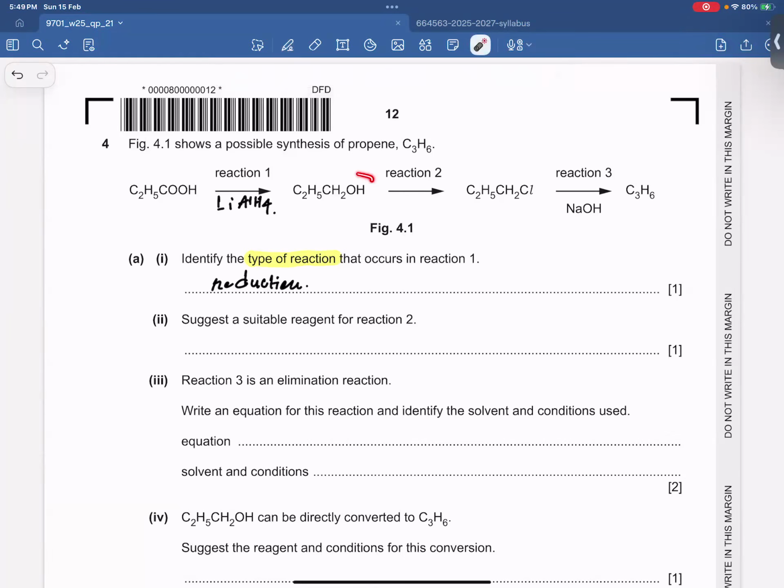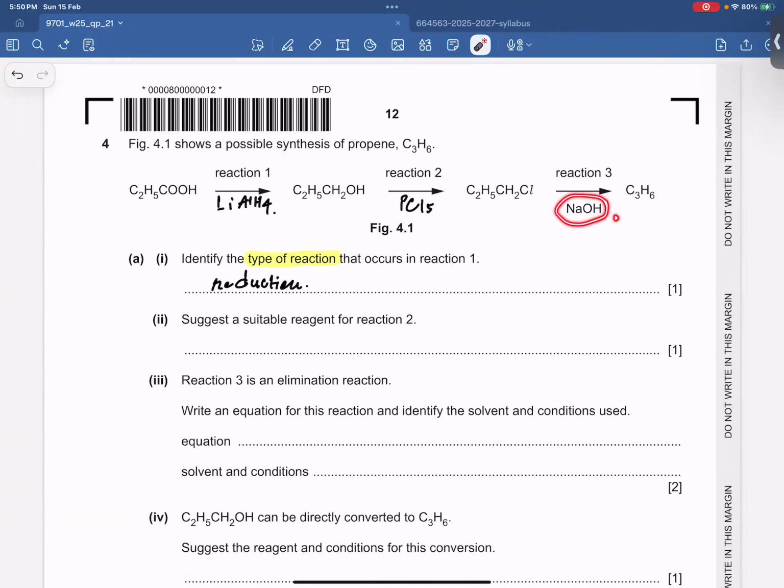Now this alcohol will turn to the entire thing is same, only OH, chlorine is replaced by OH, which means I'm going to use PCl5 in this scenario. And this is alkyl halide. Alkyl halide undergoes elimination to give C3H6, which is your propene. And elimination always takes place through ethanolic NaOH. Examiner has written only NaOH.